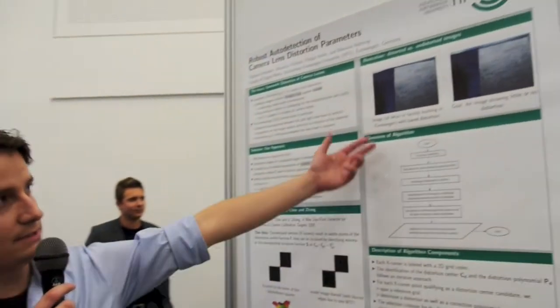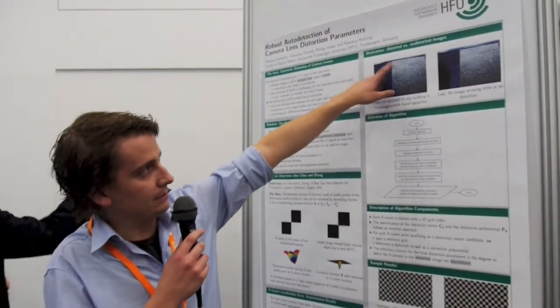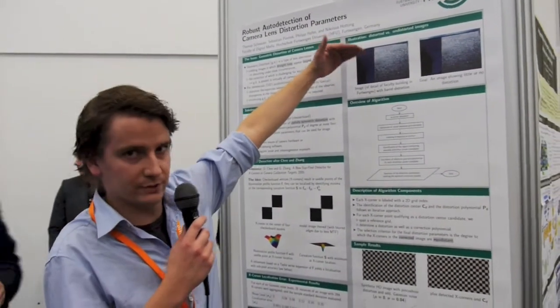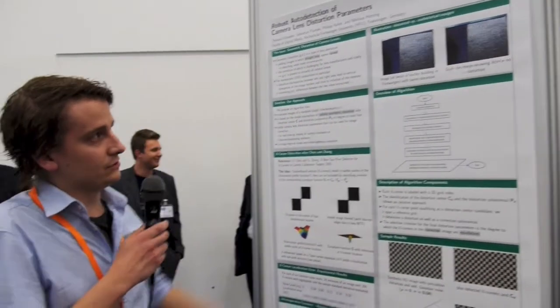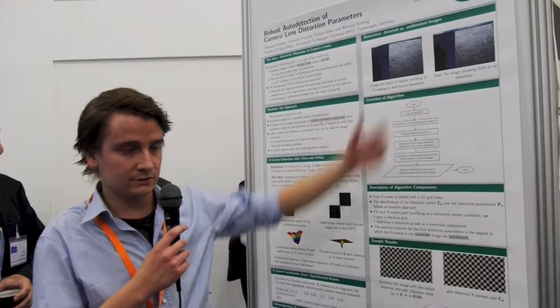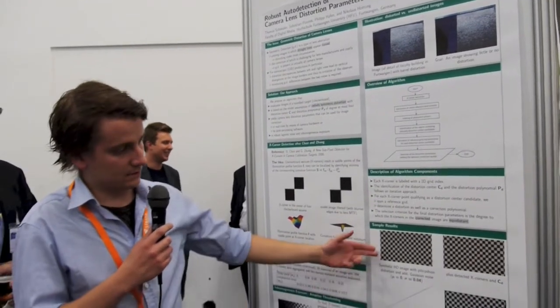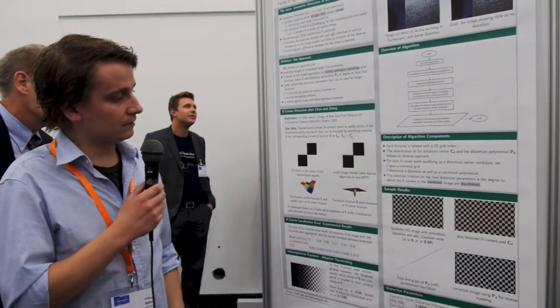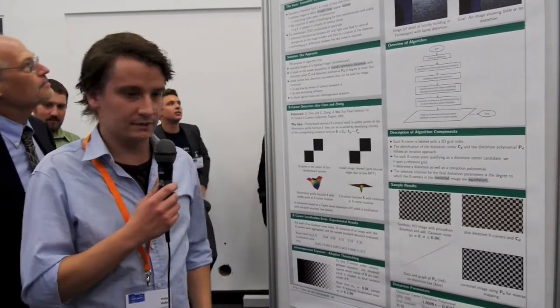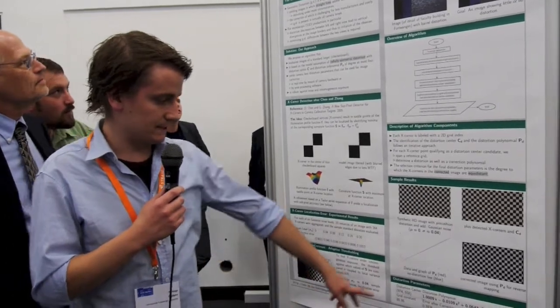So what we want to do is correct the distortion from an image. You can see here in this case the bent curve, which should be a straight edge, and here it's undistorted. To achieve this correction, we use checkerboard patterns to calculate the necessary parameters, which you can see here.